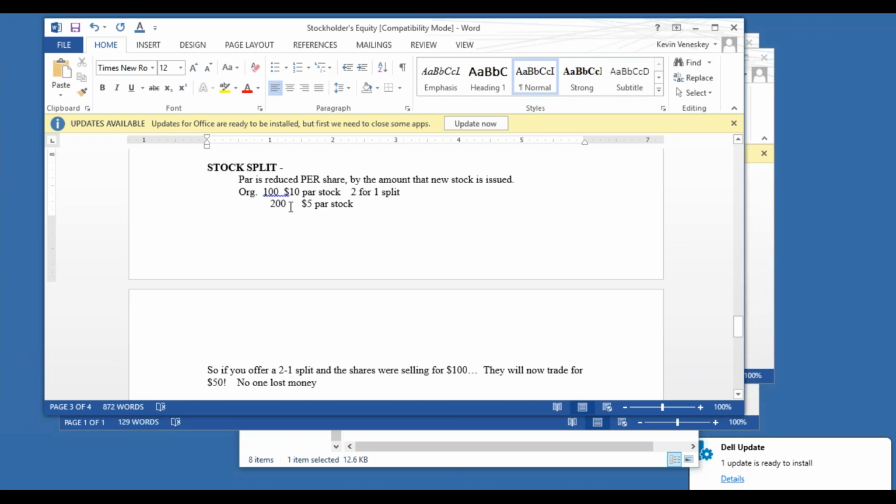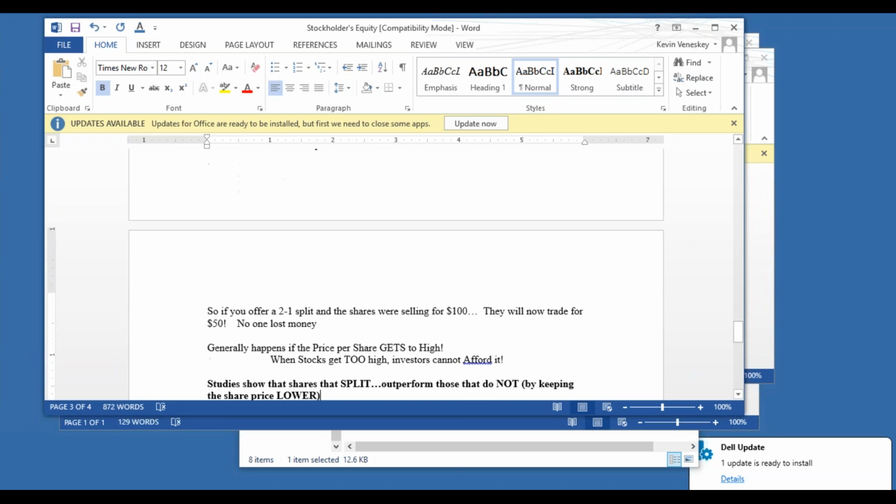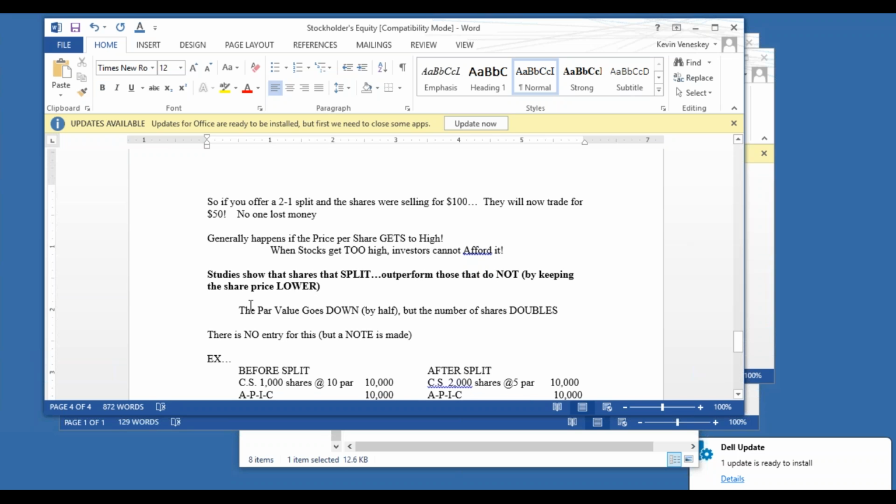The key thing I want you to get out of a stock split is that there is no journal entry, and in no way does it affect our books, because it's still the same. It's the same if I have two $50 shares or one $100 share. I have the same value. The main reason companies do a stock split is that more investors will be brought in with a lower price.